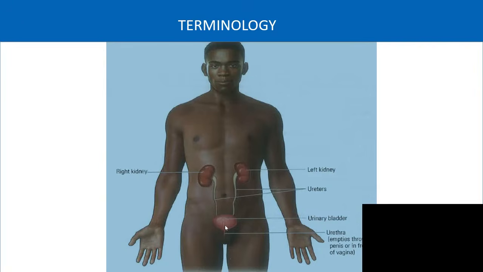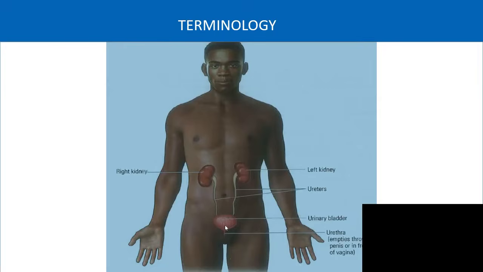In cystoscopy, we have two types of scopes: one is the rigid cystoscope and the other is the flexible cystoscope. Most of the time, the physician will use a rigid cystoscope for biopsies or tumor removals. And most of the time, the physician will use a flexible cystoscope for diagnostic use.